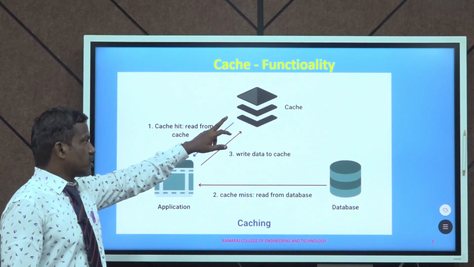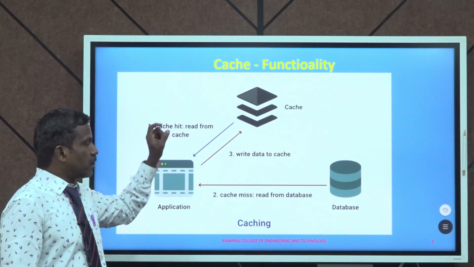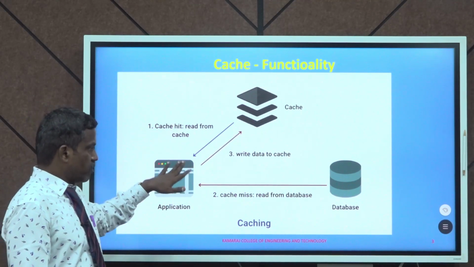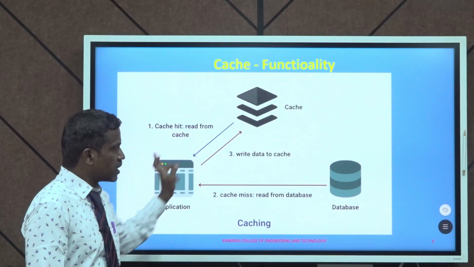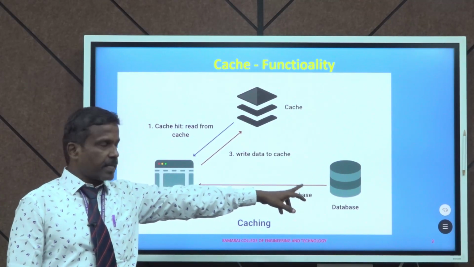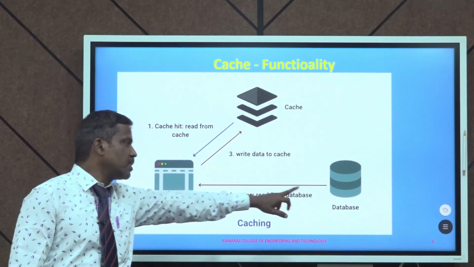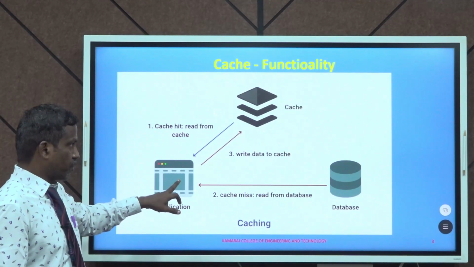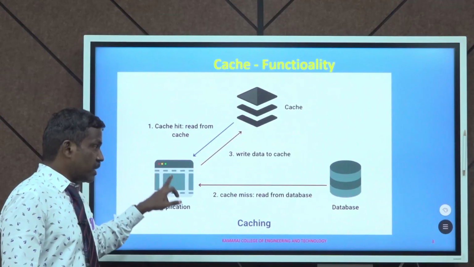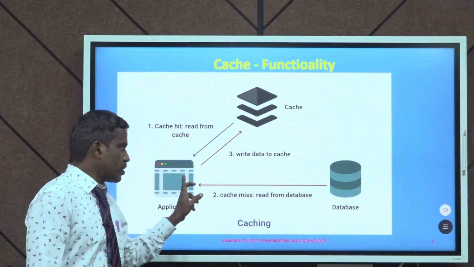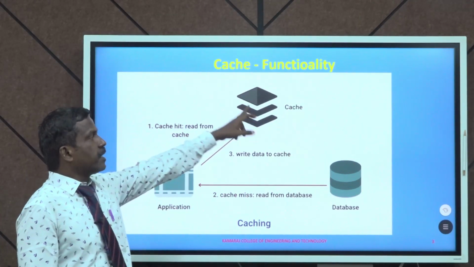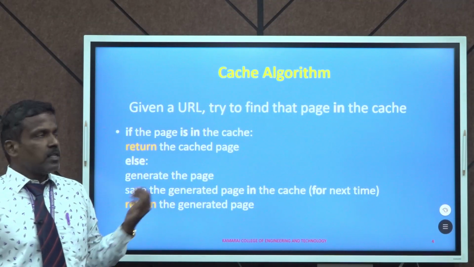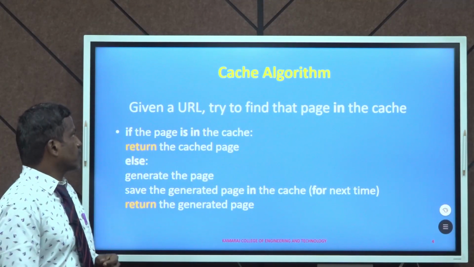If the cache does not have the required URL content, it is a cache miss, and it will send a request to the database, and the database will send the data to the application. When the application receives the data from the database, it will write the data into the cache for future reference. We will see how the cache works.